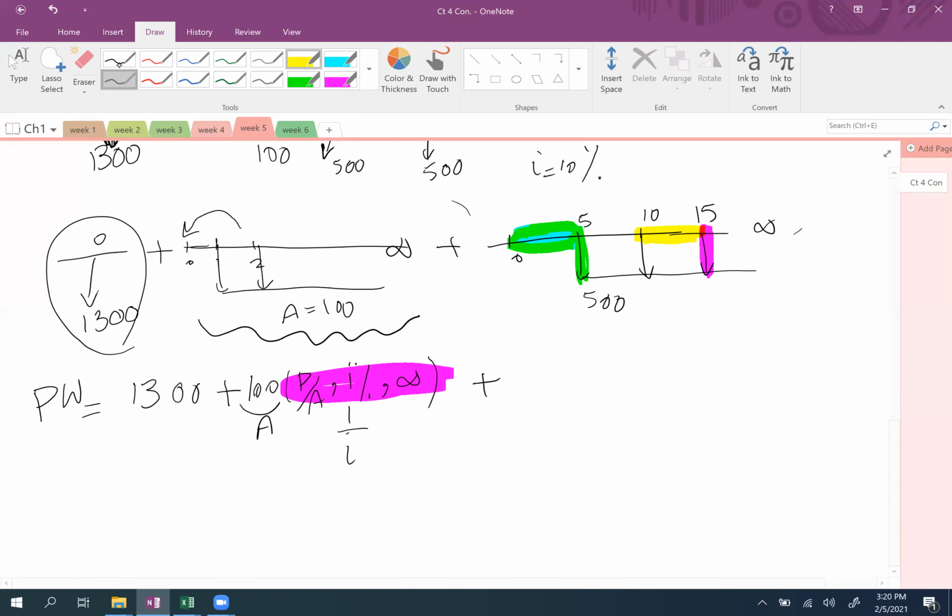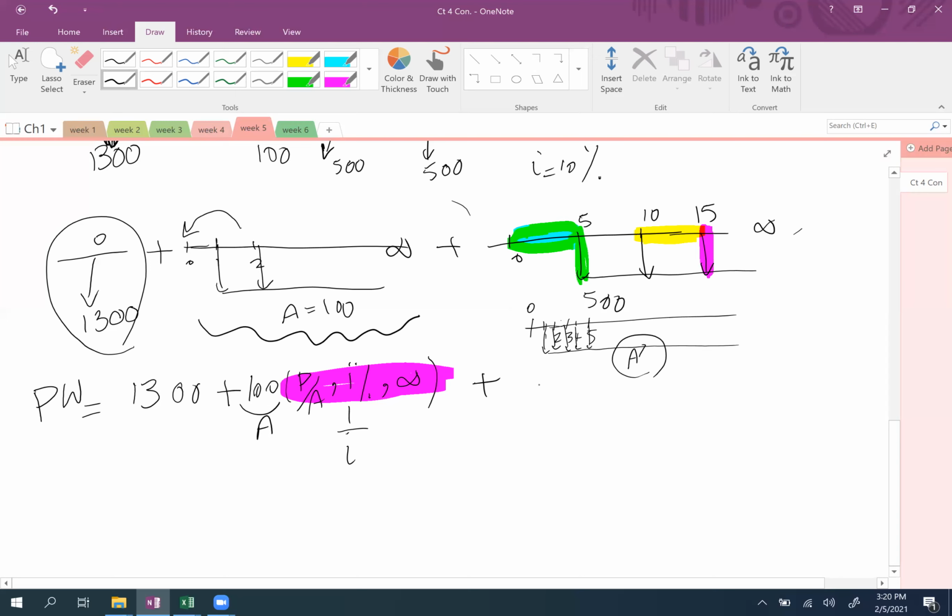So that's the only way that you can do, to transform this cash flow that is happening every 5 years to a cash flow that is happening every year with the amount of, let's say, a new A. We need to see what is this A prime.